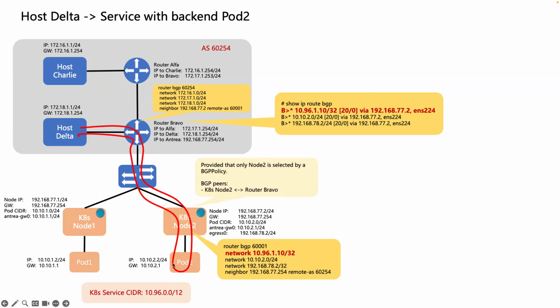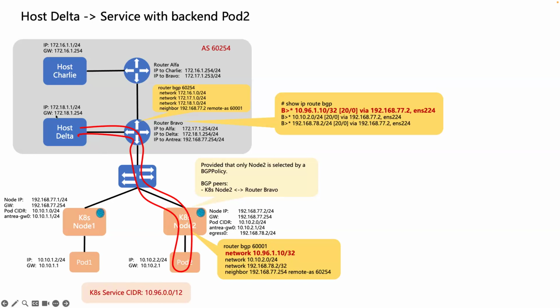For the reply packets, the destination will be 192.18.1.1. This would be forwarded via the default routes of node 2.